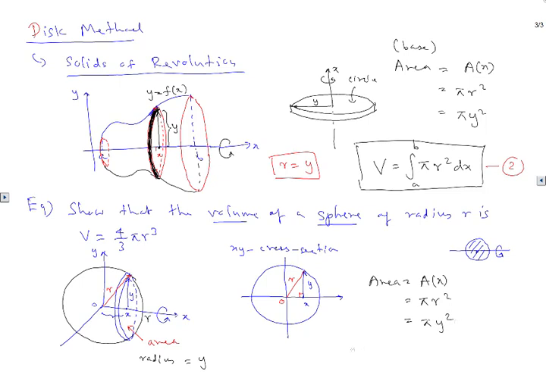So the volume is pi y squared dx, or dy? You can see the disk moving in the x direction, so it should be a dx problem. You can cut along the x direction.